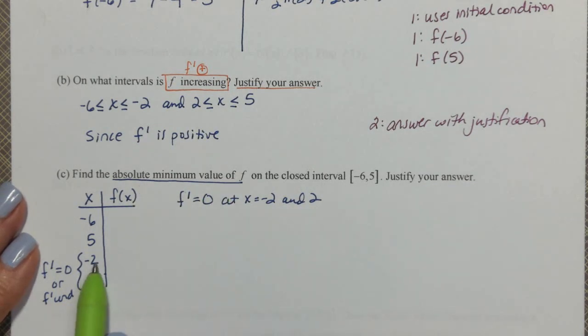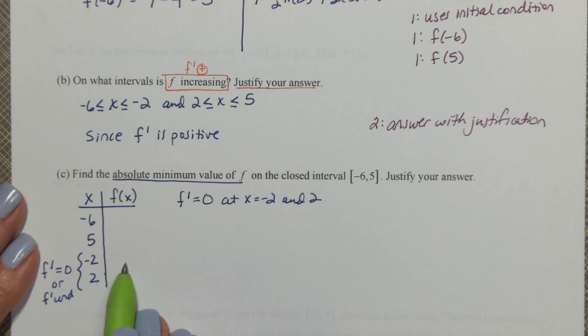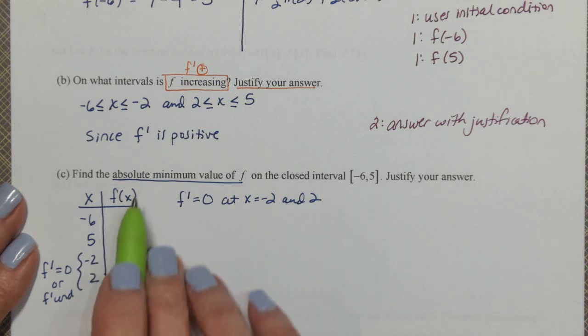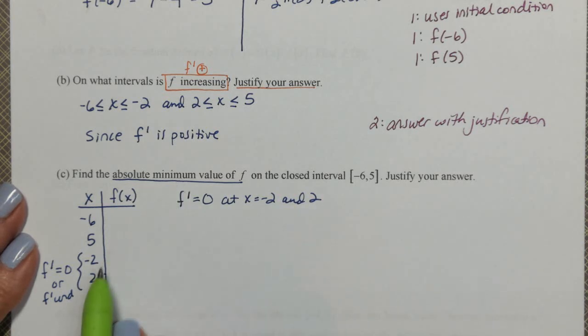Can the location of a relative max be an absolute min? No. So this value I didn't have to put on our candidates test because it's not going to be the location of an absolute min. All right? But putting it there is okay. It doesn't really matter. We can include that or not. If you include it, though, you're going to have to make a statement or find the value right here.